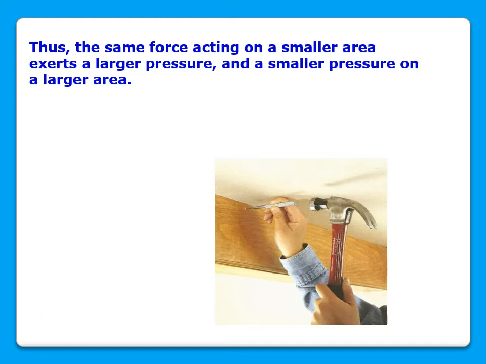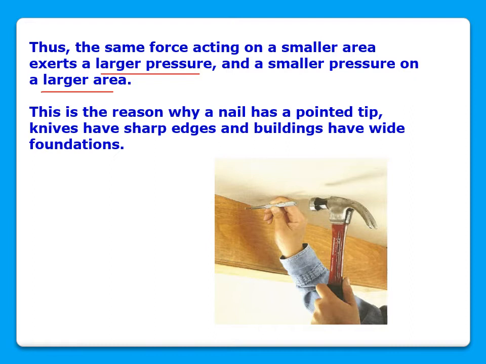You saw that the same force acting on a smaller area exerts a larger pressure and a smaller pressure on a larger area. This was clear when we solved this example. This is the reason why a nail has a pointed tip, knives have sharp edges, and buildings have wide foundations.